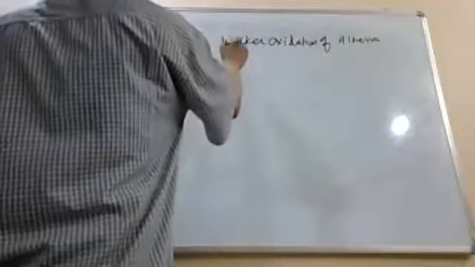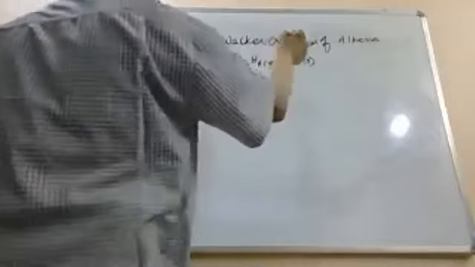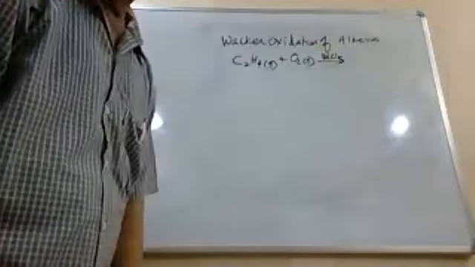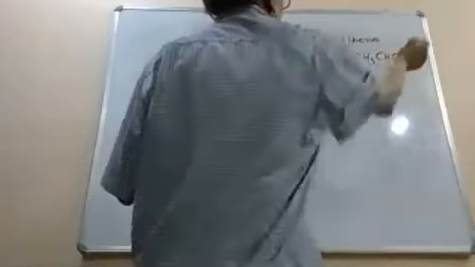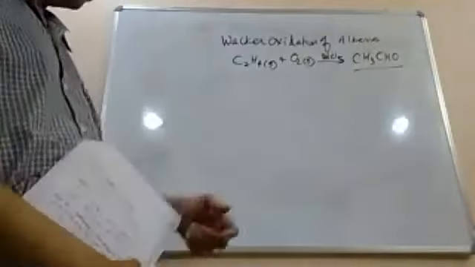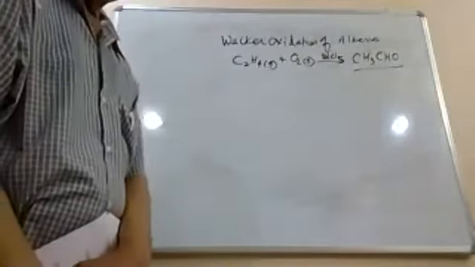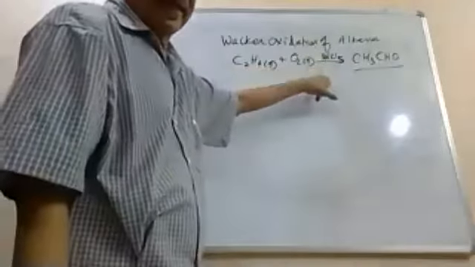You take ethylene gas and react it with oxygen in the presence of palladium chloride. Palladium chloride is the catalyst they use, and we make CH3CHO. That is the oxidation of olefins into aldehydes.